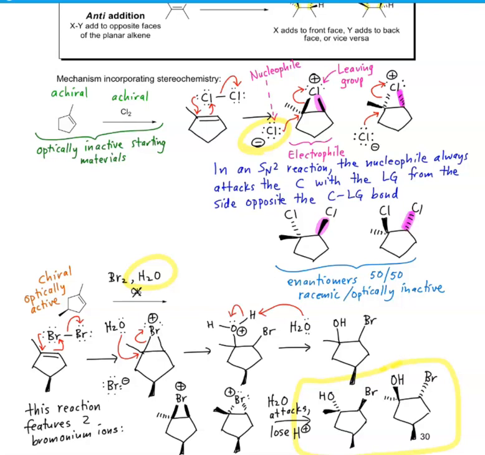Use a different color that's going to show up a little better. These are diastereomers. And they form in unequal amounts. So we've made an optically active product, given that we started with optically active starting materials.